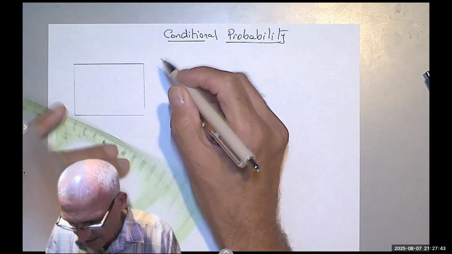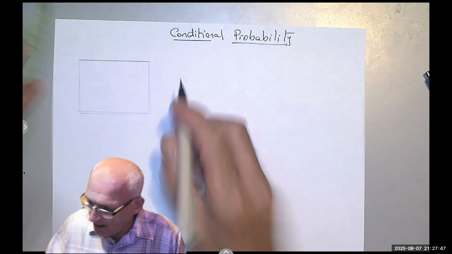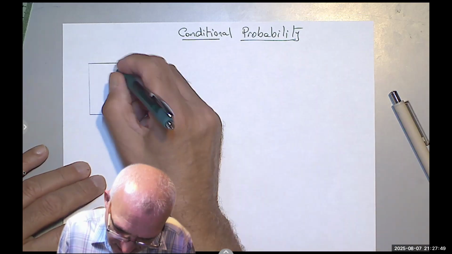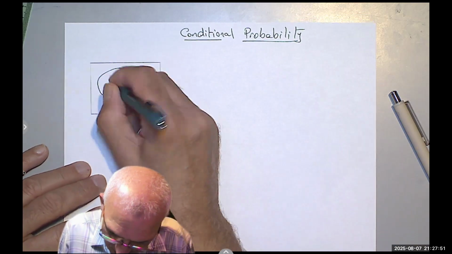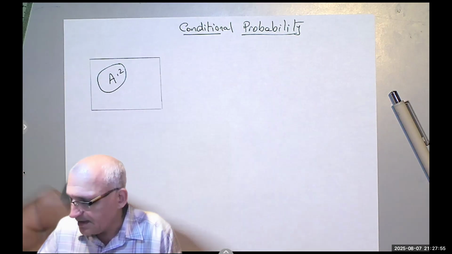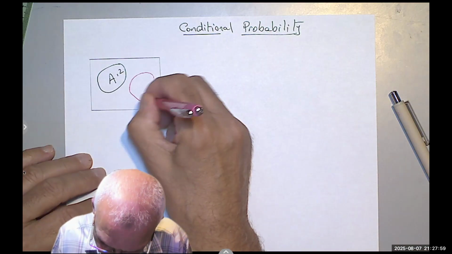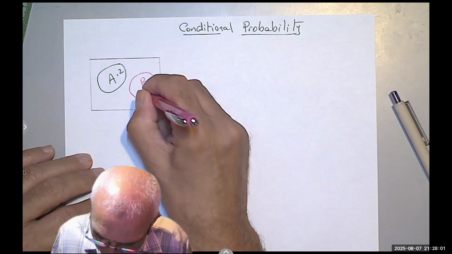They don't overlap. Let's say this is event A, and it has a probability of 0.2. And here is event B, and it has a probability of 0.3.